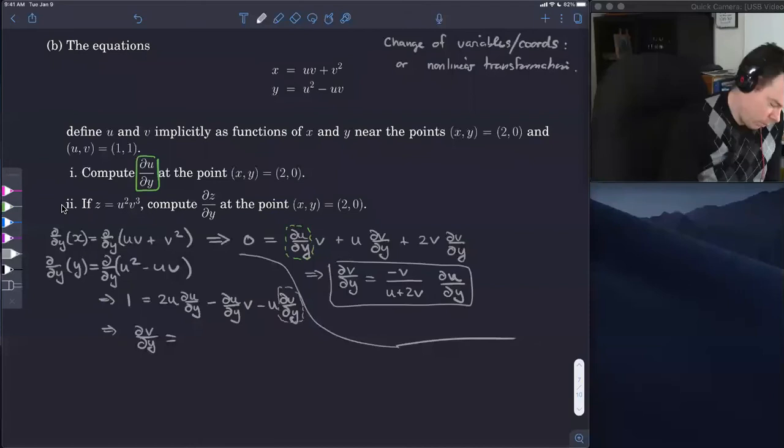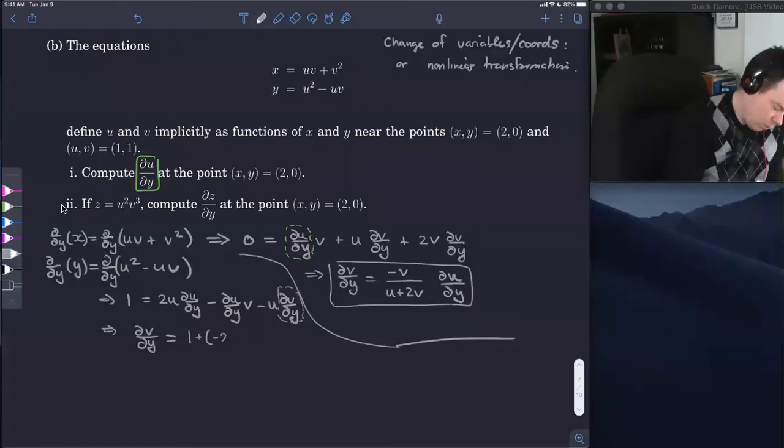So what do I have? If I move the other things to the other side, I get 1, and I get a minus 2u plus v. I just want to make sure I group it all together. So I got a 1, and then I'm moving the 2u du dy minus the du dy v to the other side.